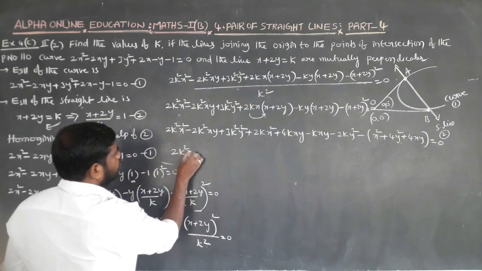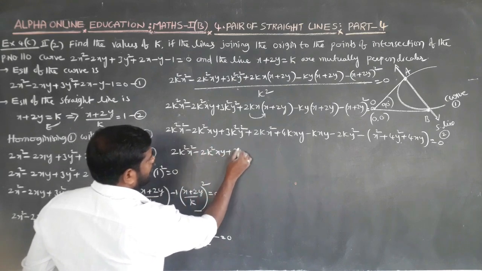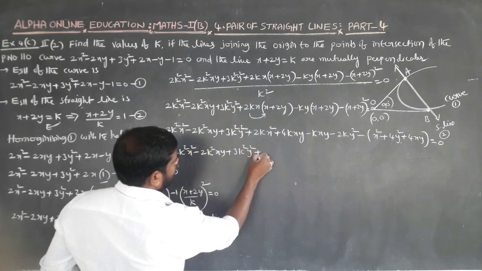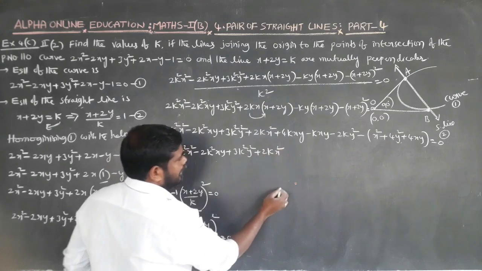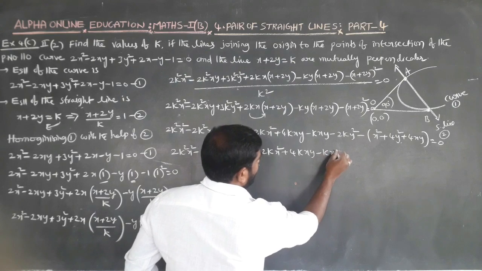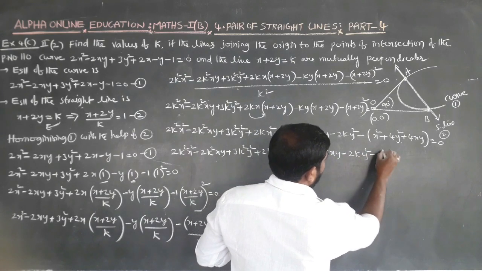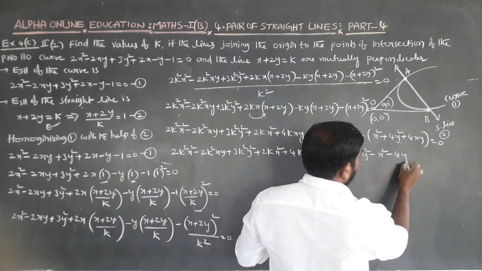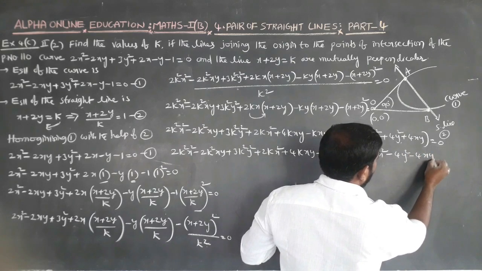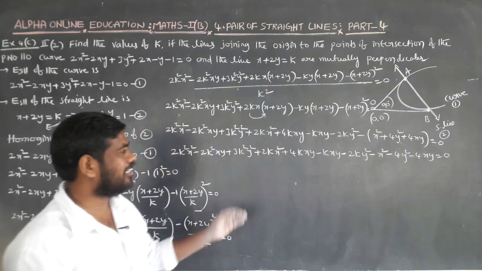So 2k²x² − 2k²xy + 3k²y² + 2kx² + 4kxy − kxy − 2ky² − x² − 4y² − 4xy = 0. Write in order.